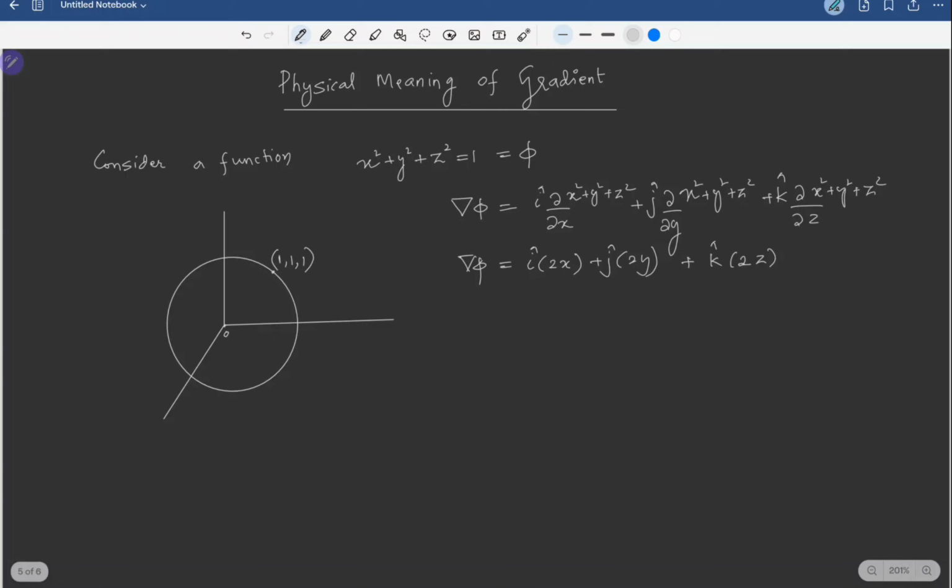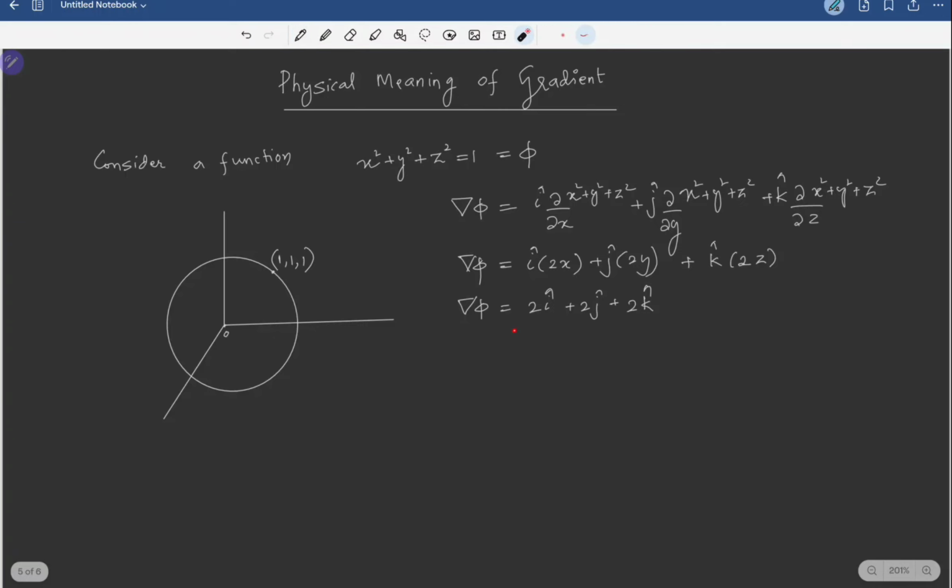Remember it is a unit sphere with radius 1, so this lies on that sphere. Substituting these values, we get 2 i cap plus 2 j cap plus 2 k cap.